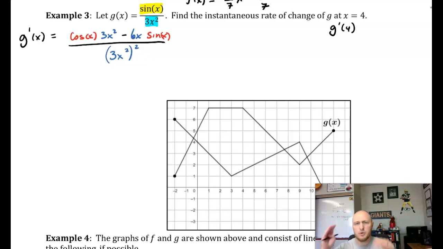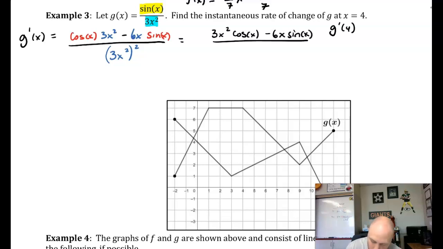Make sure you put parentheses around your denominator and square it. I guess I could clean this up: 3x squared cosine of x minus 6x sine of x, all over 9x to the fourth.